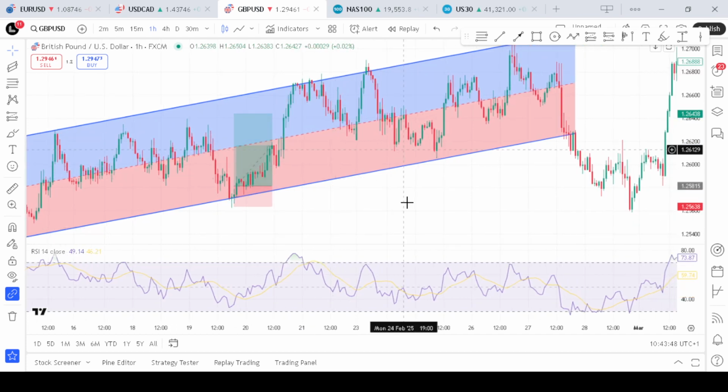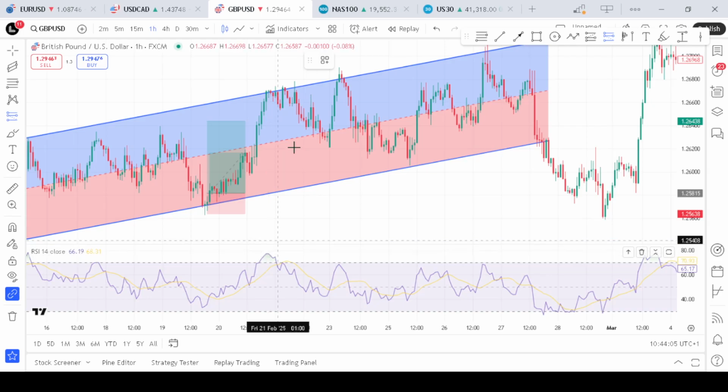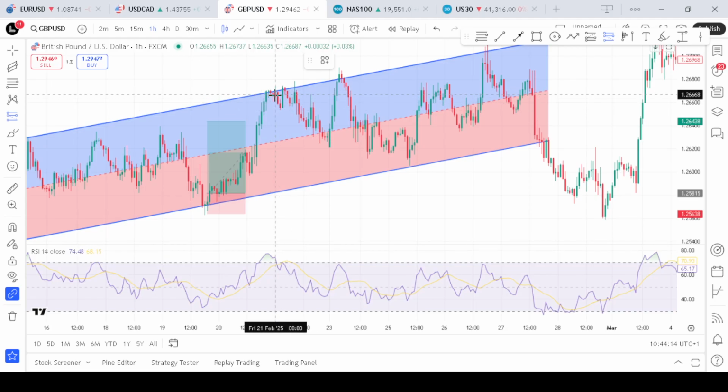Conversely, if we want to take a selling trade and we have confirmed from our linear regression channel that price has gotten to the upper region of the channel, and we confirm our RSI is in an overbought region, which is 70 and above, we will look for our bearish signal before entering the trade.